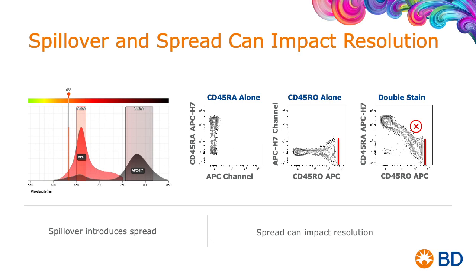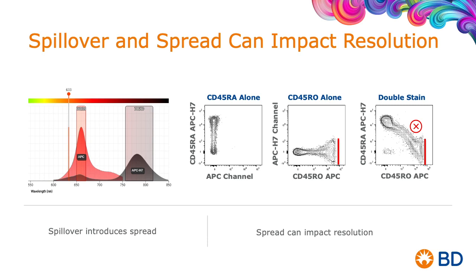The first plot shows CD45RA APC-H7 alone, the single stain, and on the x-axis we have the APC channel, and we don't see spread in that channel. However, when we look at CD45RO APC single stain alone, and we plot against APC-H7 on the y-axis, you can see the spread that has been introduced as a result of spillover.